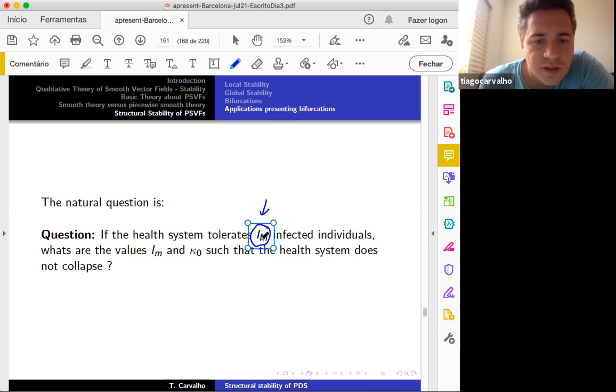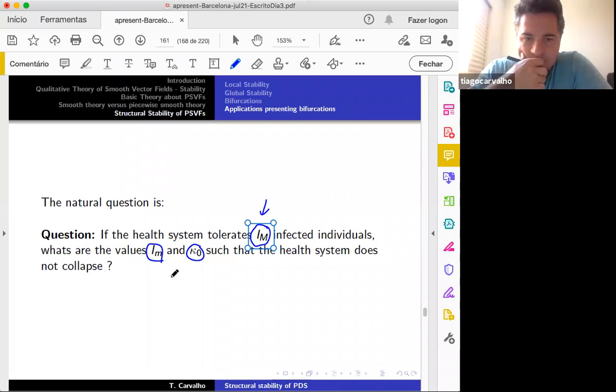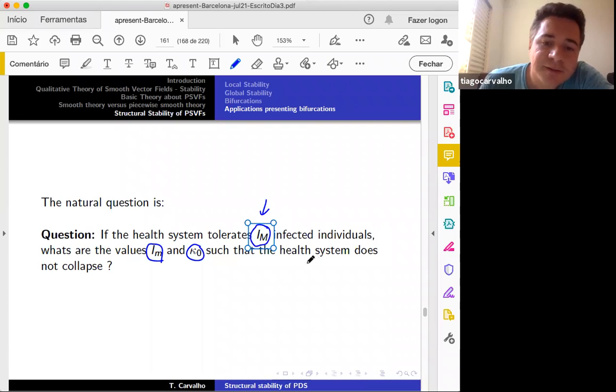So if this is the number tolerated, what is the number IM, and what is the number kappa 0 that we have to have in order to not have a collapse of the health system.